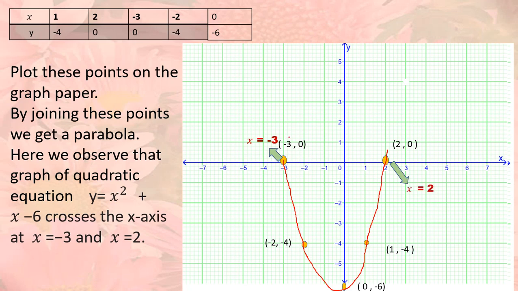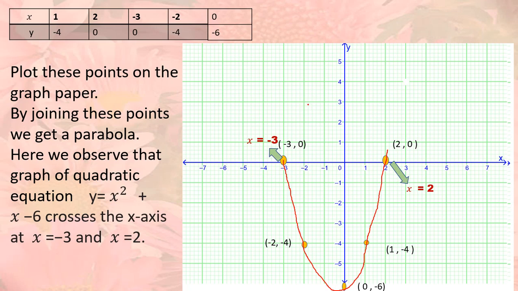So the meaning of the roots of the quadratic equation is that the points where the graph of the quadratic equation intersects the x-axis are the roots of the quadratic equation. Here the roots are minus 3 and 2, as they are the points where the graph of the equation intersects the x-axis. So this is the graphical representation of a quadratic equation.